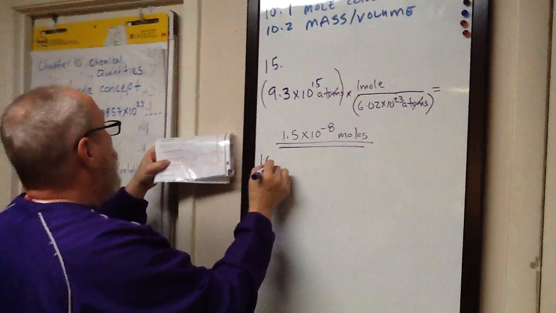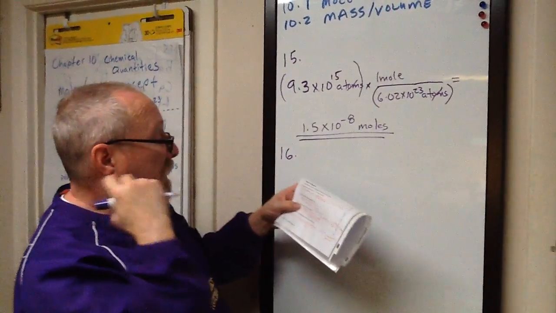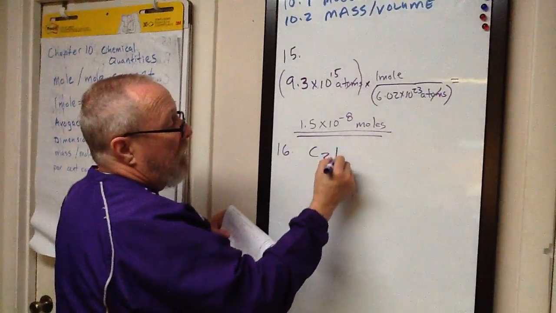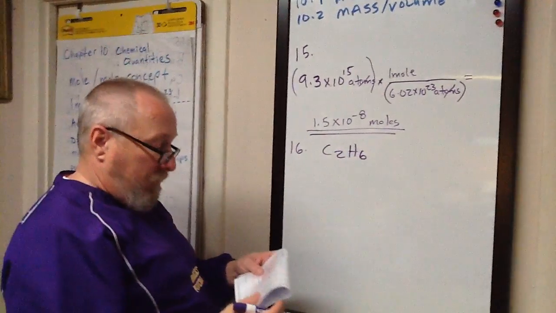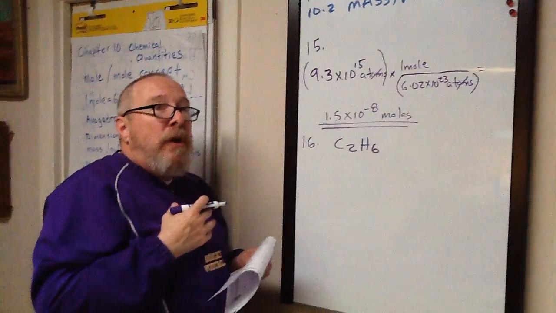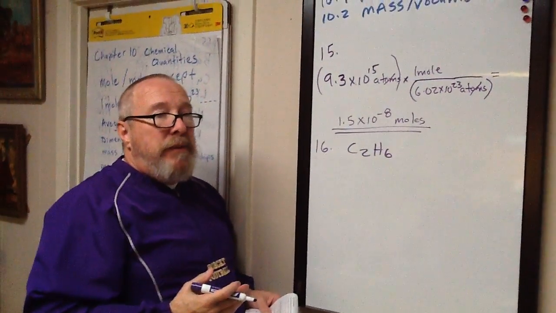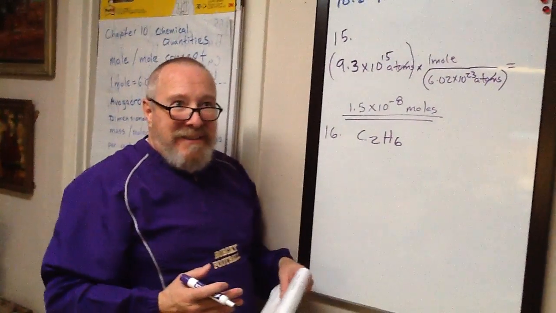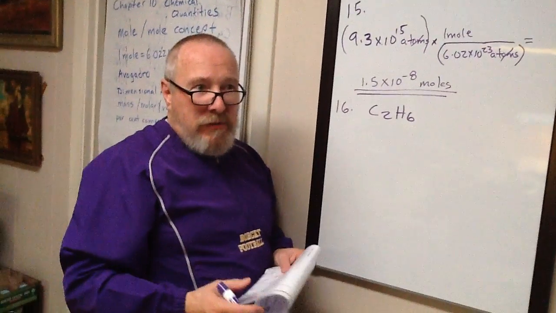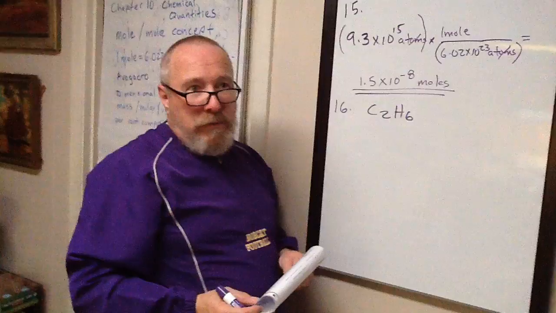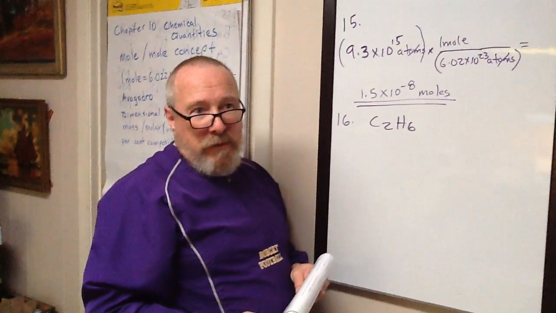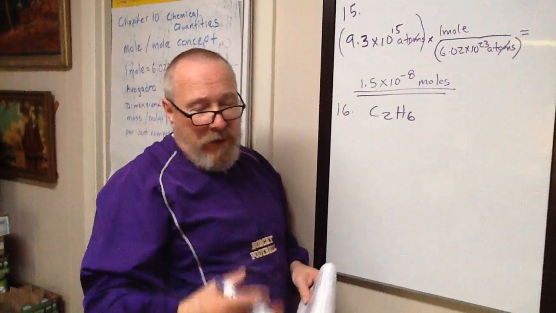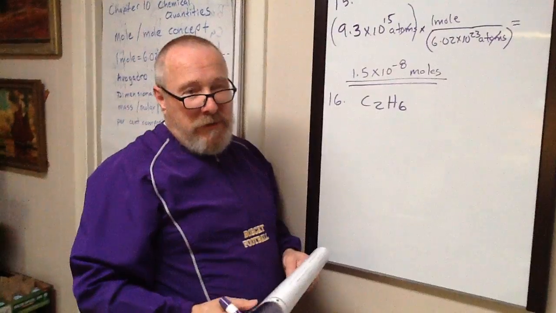So the next one says, what is the mass of ethane? But they give you the formula for ethane. It's C2H6. And they want the molar mass of ethane, and there's one way to find it, and that is those red numbers up on the periodic table that correspond to some made-up unit that is called an atomic mass unit, which is equal to 1/12 the mass of an atom of carbon-12, and even that's not totally true and precise anymore because we've refined our measurements and have greater precision now.